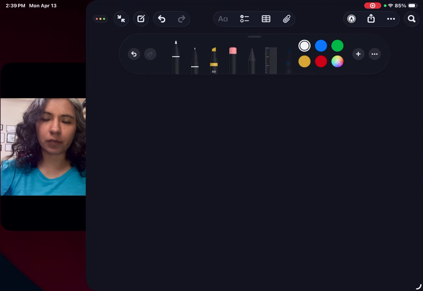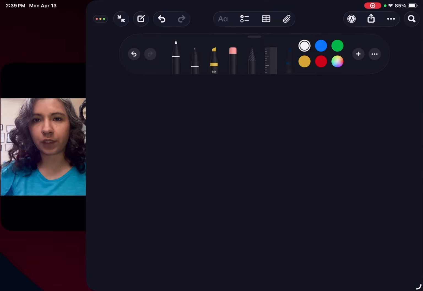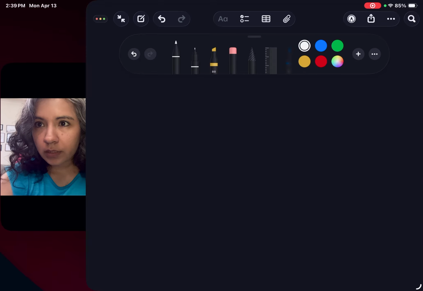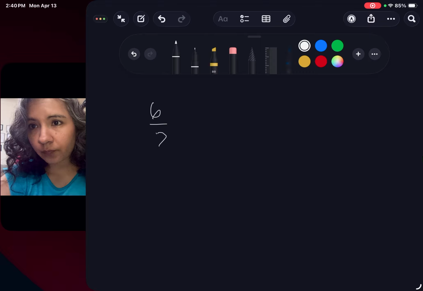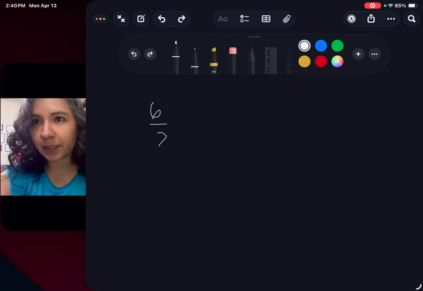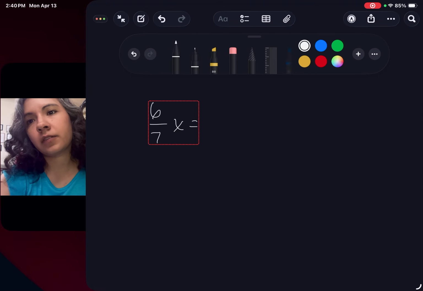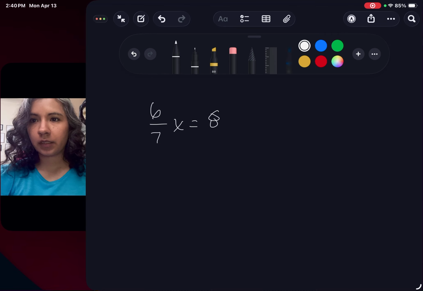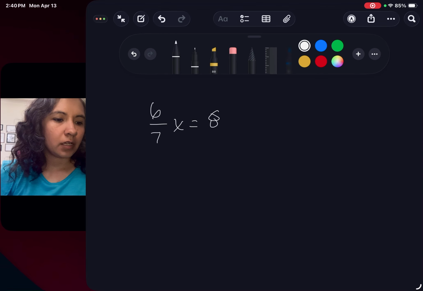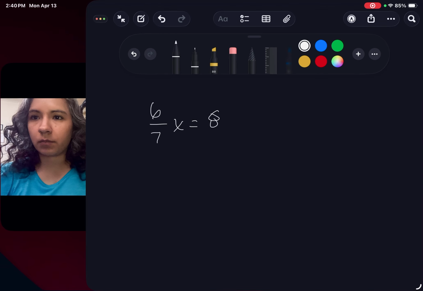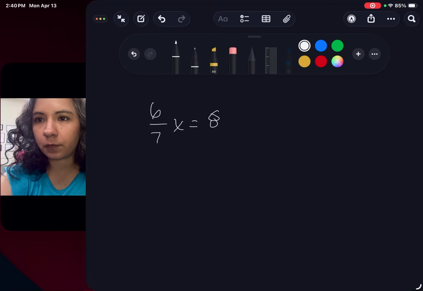For this lesson, we're going to talk about mixed number coefficients and negative coefficients. So we've been solving equations like 7 6/7 x equals 8. We've been multiplying both sides of the equation by the reciprocal of the coefficient.